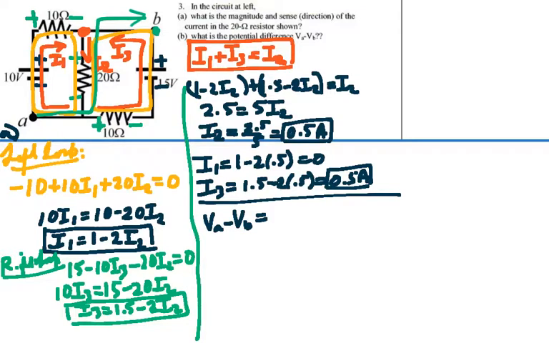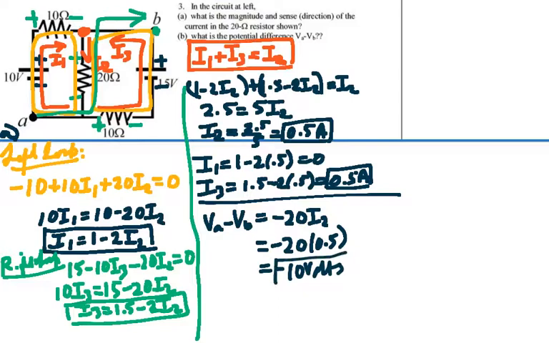And if we did that, then VA minus VB would be equal to negative 20 I2. That would be it. So that would be a negative 20 times 0.5, which would be a negative 10 volts. So that is VA minus VB. That's part B of this problem.